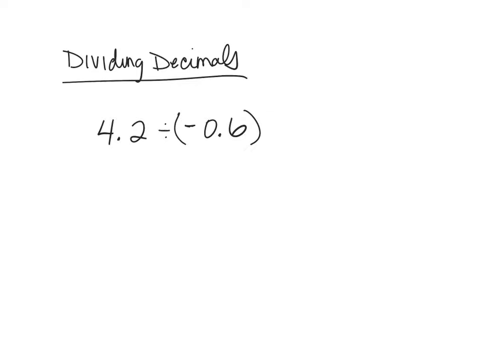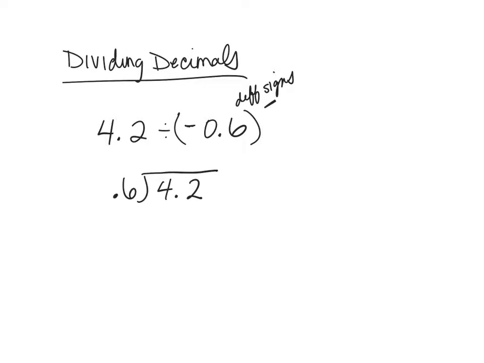So remember, the number in first, when it's written this way, goes inside 4.2. And again, we're dividing, so it's different signs. In the end, the answer will be negative. 0.6.